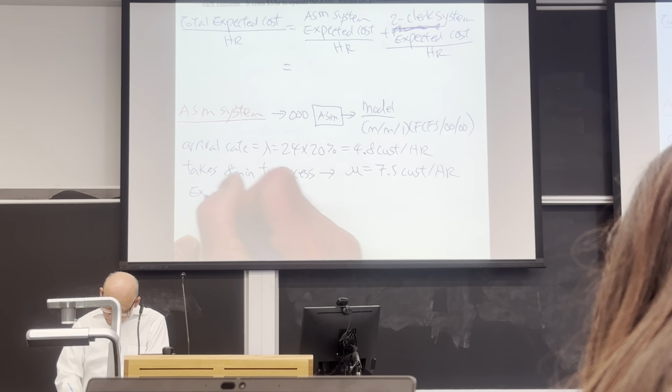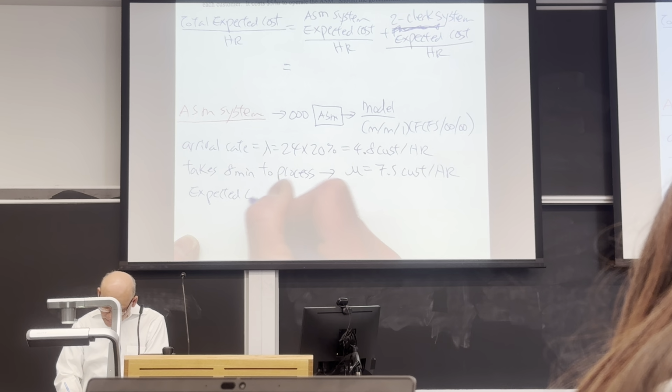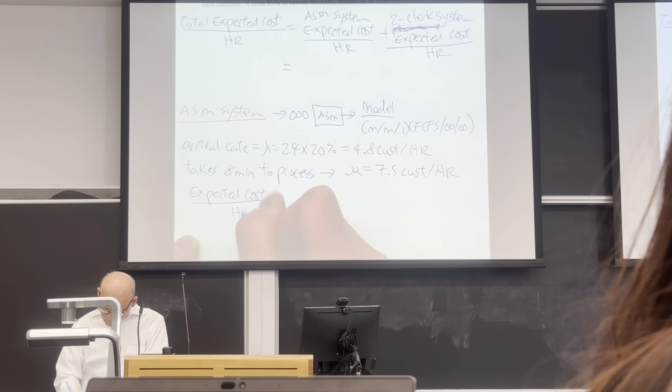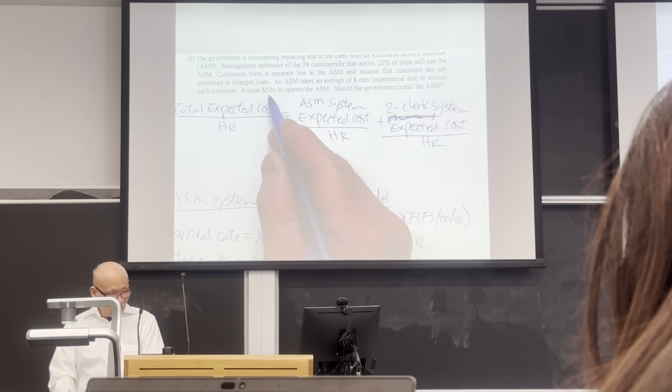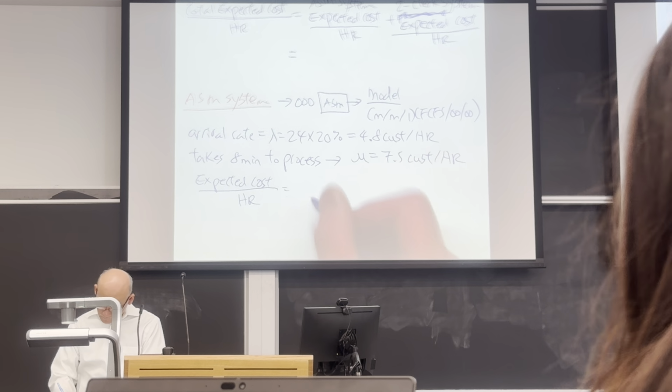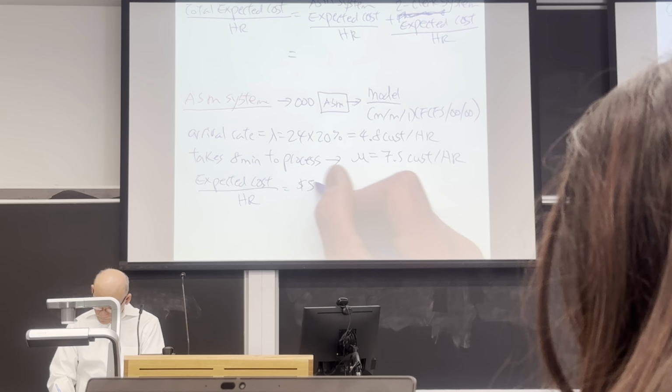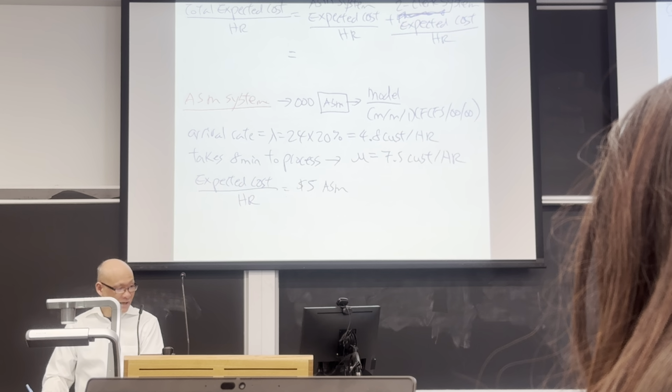Okay, then the expected cost per hour. The ASM costs $5 per hour to operate. So that's the ASM cost.